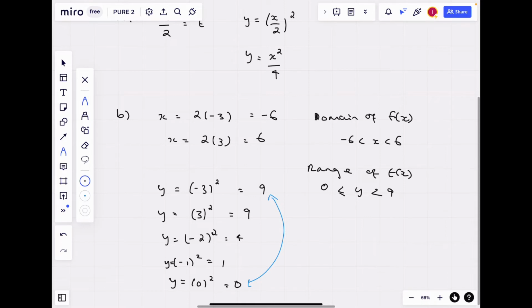Sketch the curve with the given domain for t. We've got the domain being from -6 to 6 and the range being from 0 to 9. We have x squared here, which means it's a quadratic, and it's a positive quadratic.